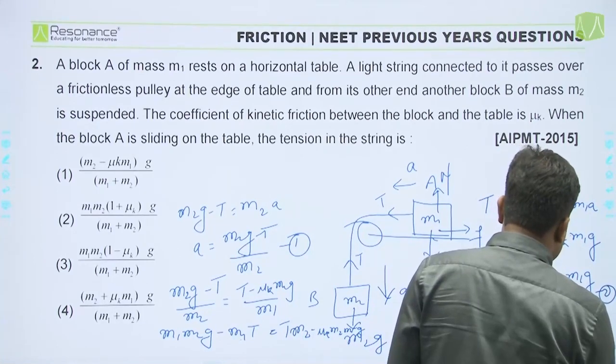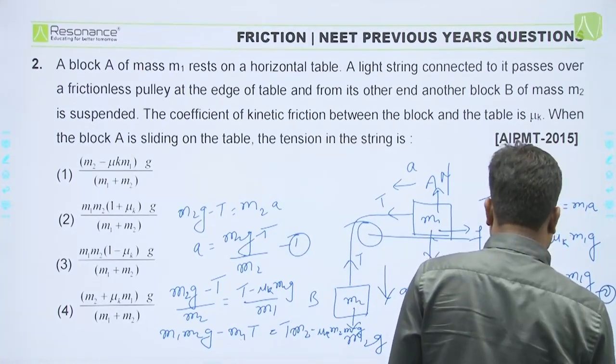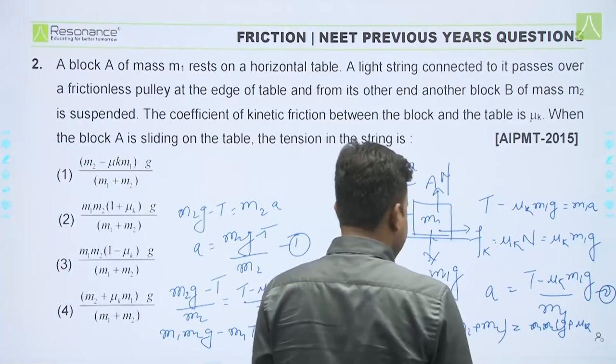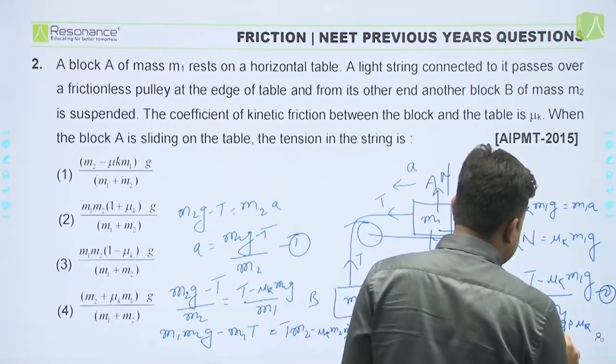So taking m1 m2 common, g plus mu k, where g is also associated, so here we can write g this side.